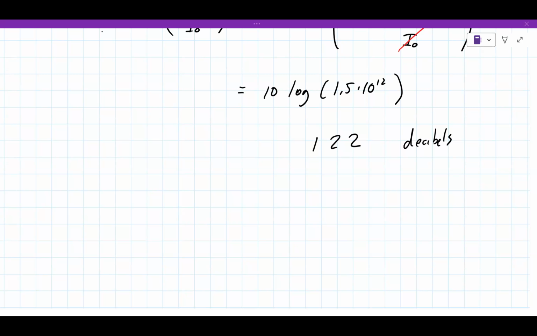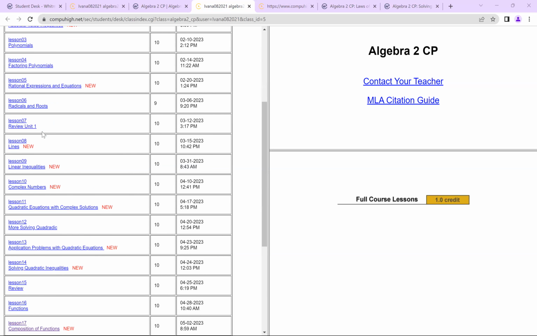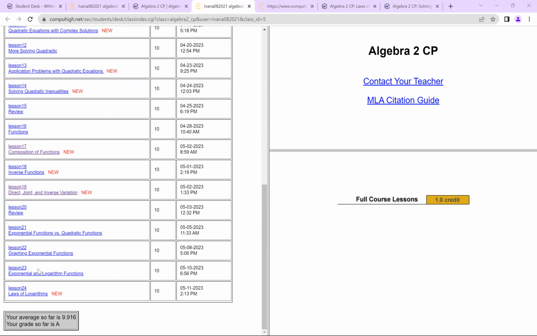I'm going to share another screen because I'm not quite sure where to go here. Let me know when that loads up for you. There it is. Where do we go from here to see how you're doing? You go to full courses and lessons if you want to see the lessons.